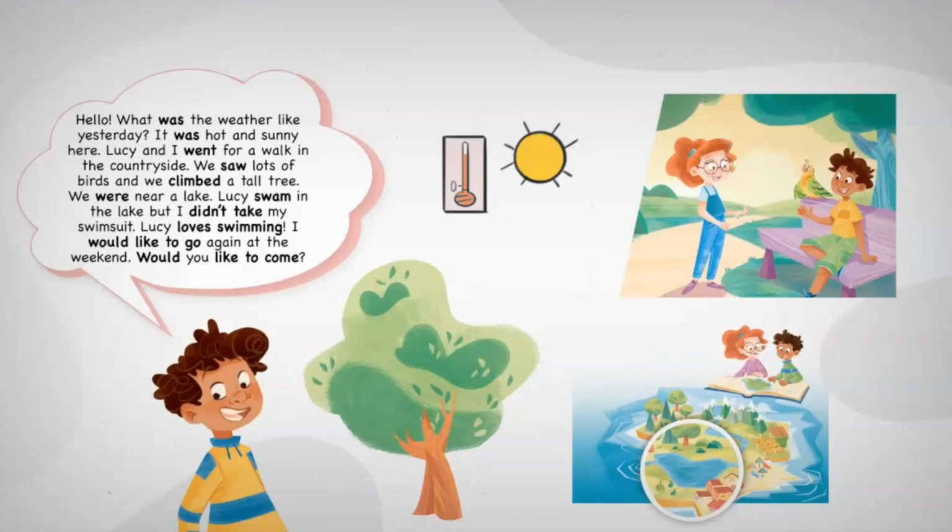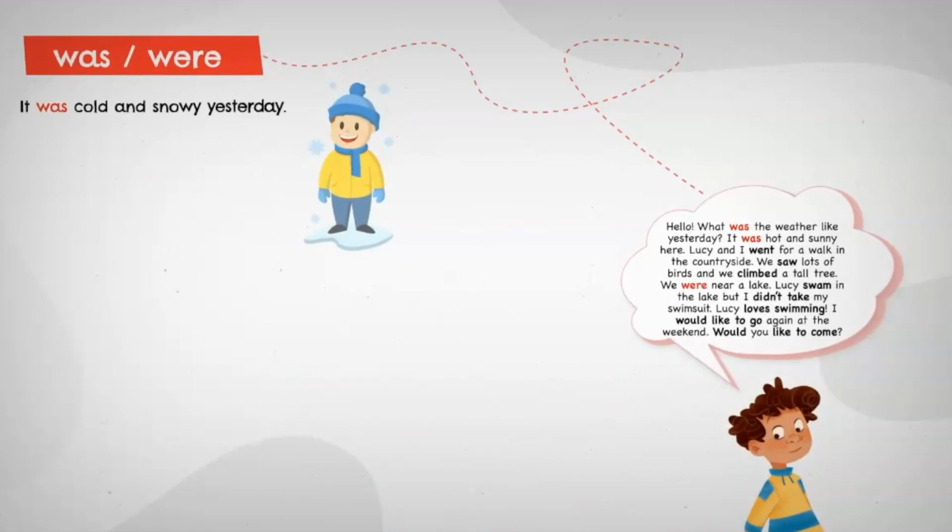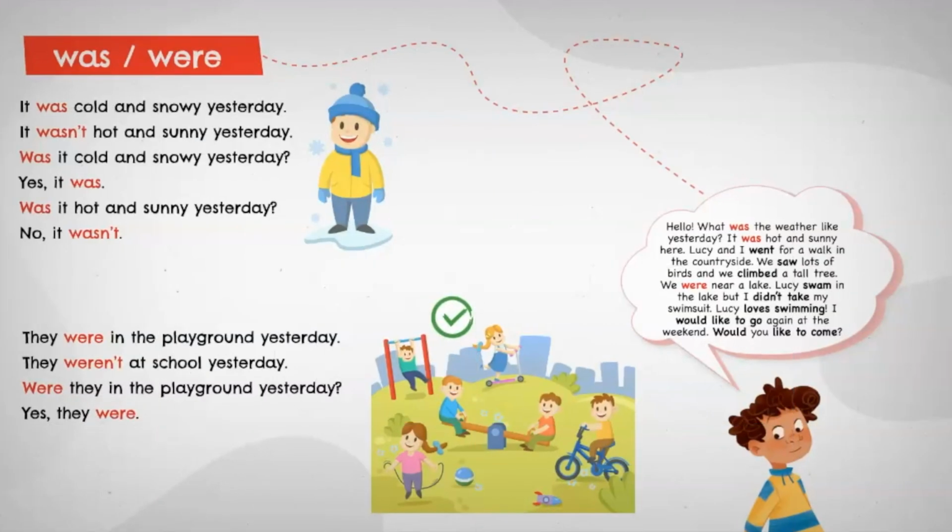I would like to go again at the weekend. Would you like to come? Were. It was cold and snowy yesterday. It wasn't hot and sunny yesterday. Were they at school yesterday? No, they weren't.